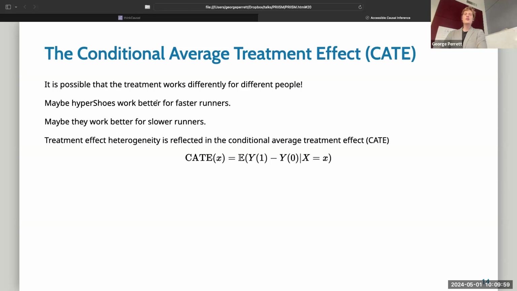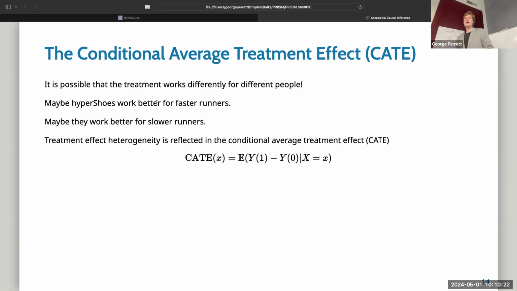Now, we're not always just interested in averages. Sometimes treatment effects work differently for different people. This is oftentimes called a heterogeneous treatment effect. A certain drug may work better for certain types of patients. In the case of hyper shoes, maybe hyper shoes have a bigger benefit for the best runners, and they don't work for slower runners.